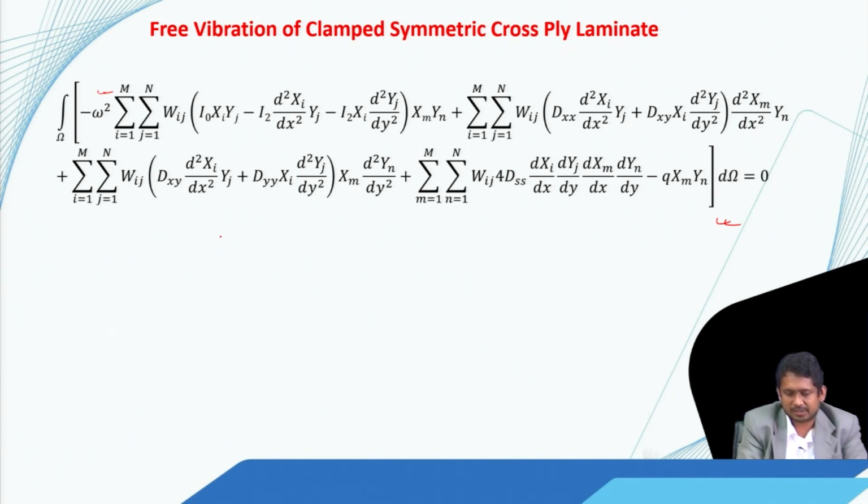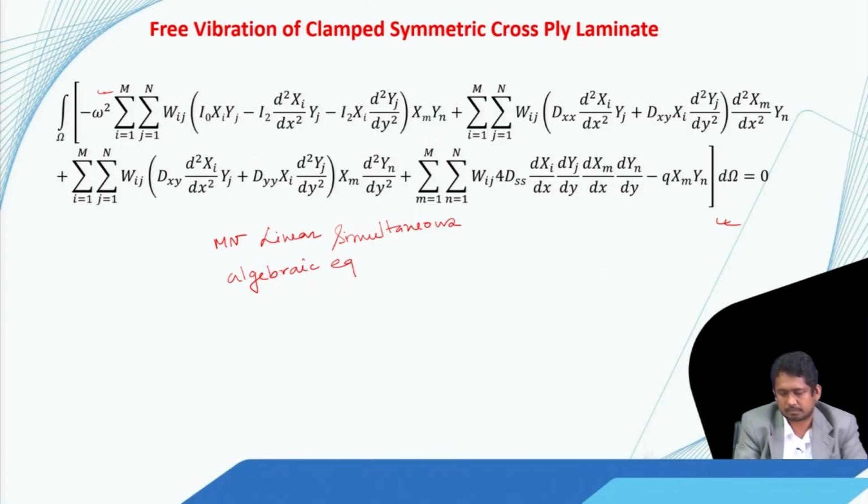So, there are total m n linear simultaneous algebraic equations with omega as unknown.